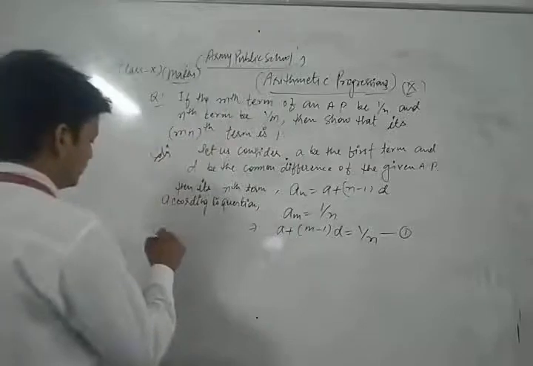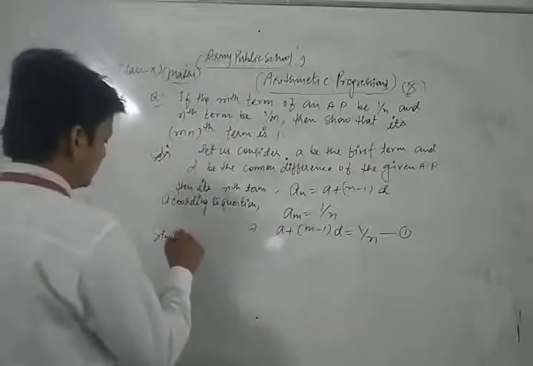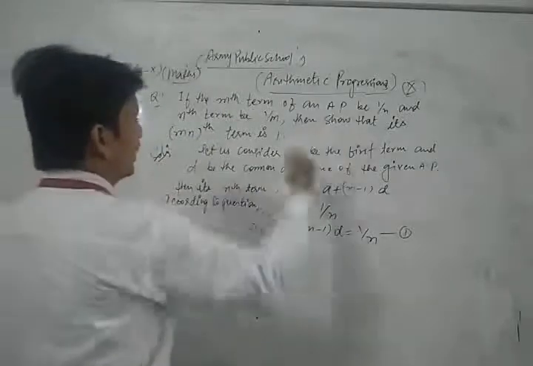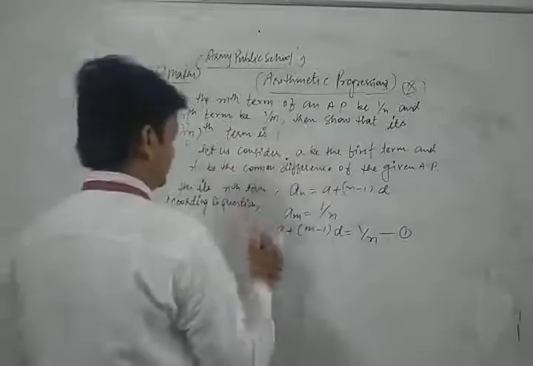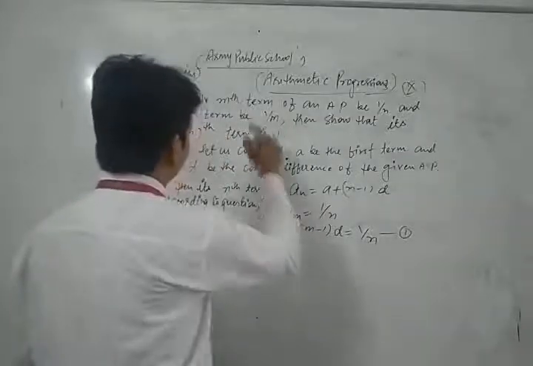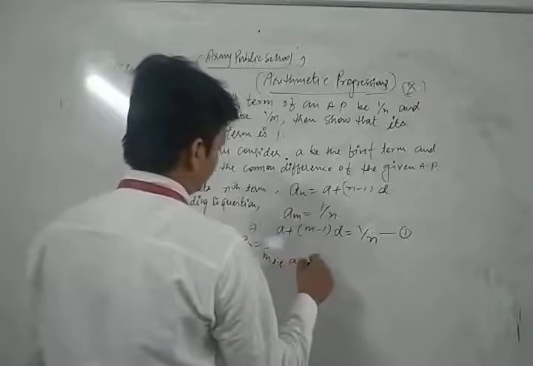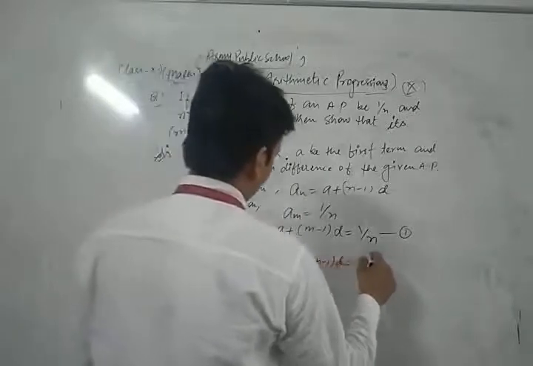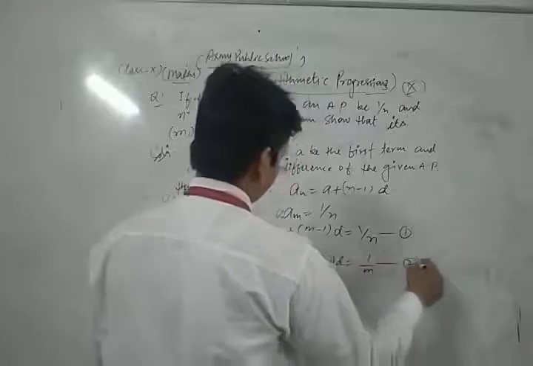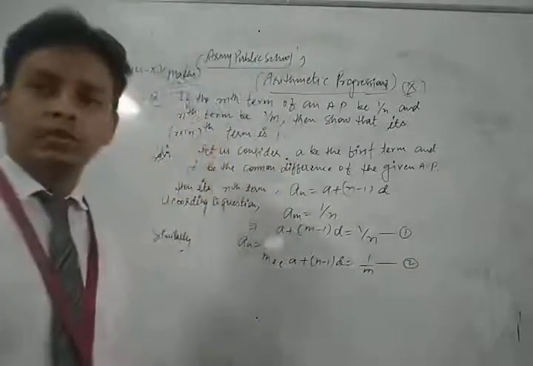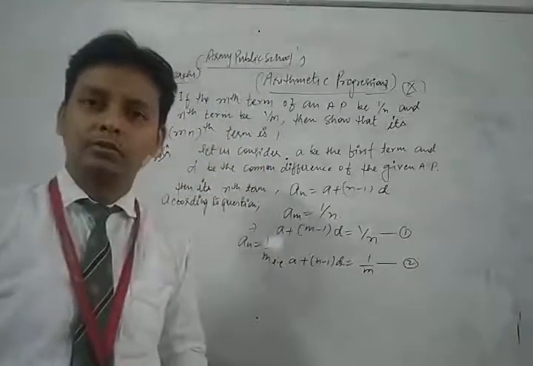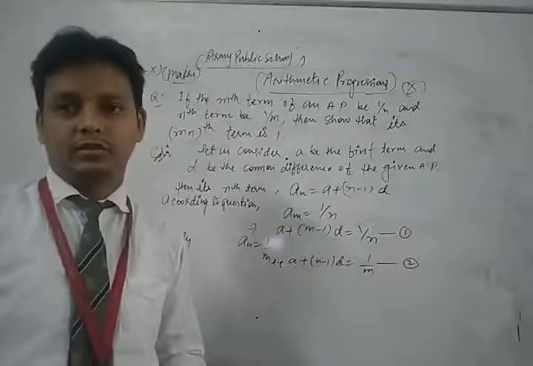Similarly, its nth term a_n is equal to 1 upon m, that is a plus n minus 1 into d is equal to 1 upon m. Take this as equation number 2. In this way we form two equations.